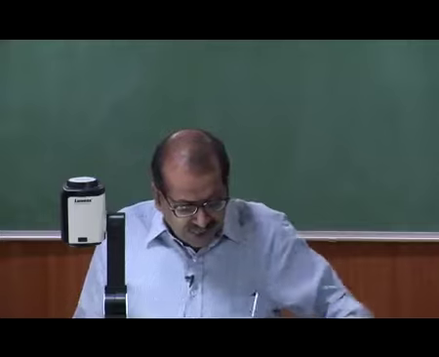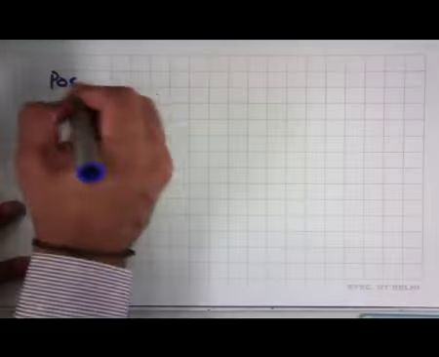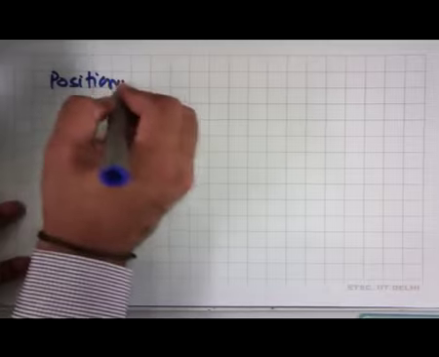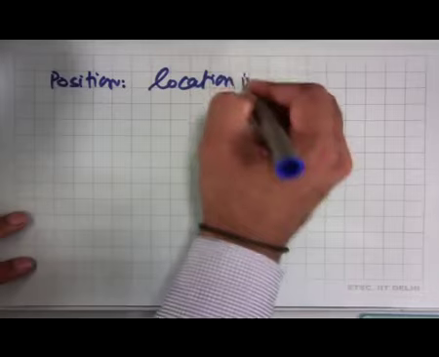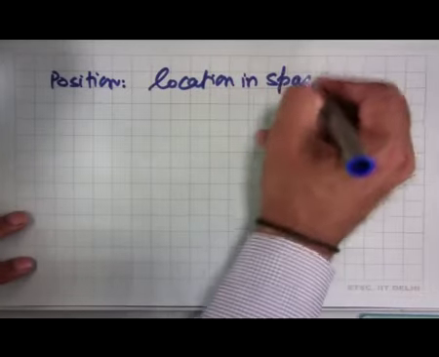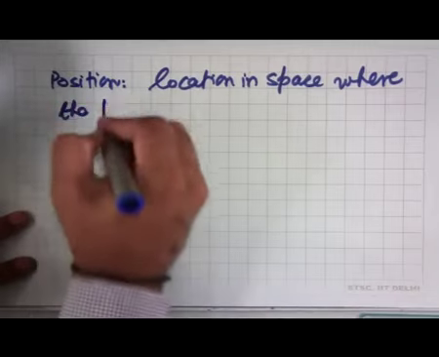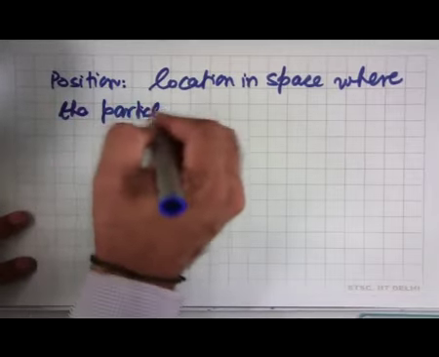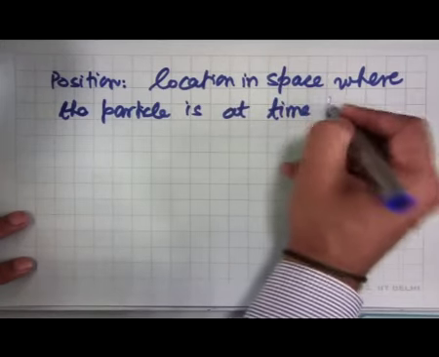Now, in rectilinear motion, the position is the location in space where the particle is at time t.